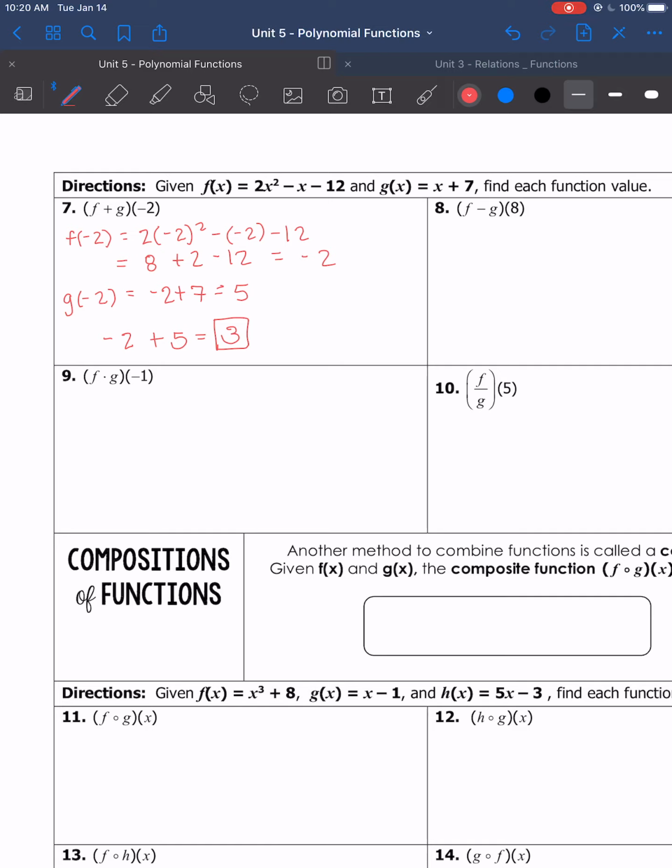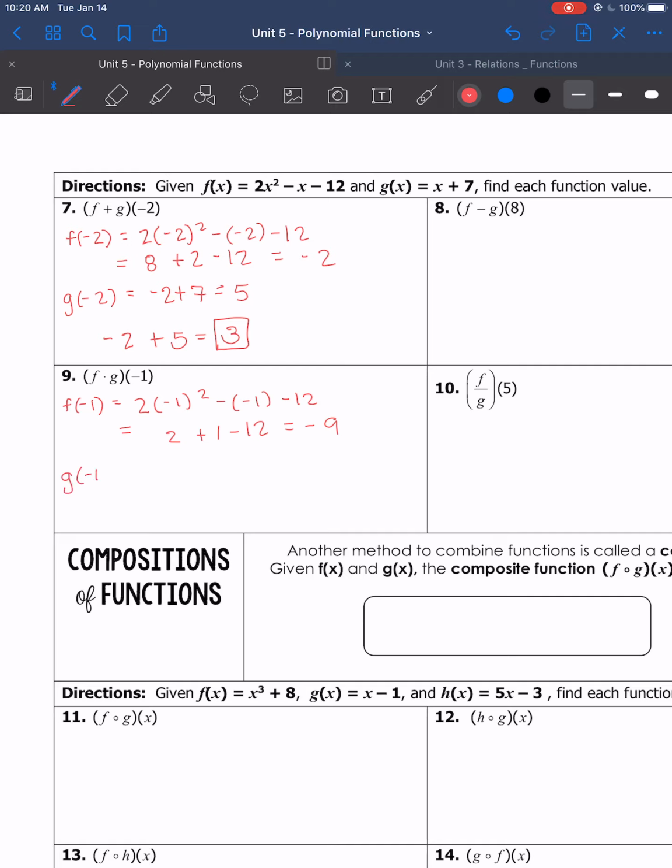And then number 9, we want to multiply f times g, but we want to do it of negative 1. So we're going to plug in f of negative 1. So 2 times negative 1 squared minus a negative 1 minus 12. So I get 2 times negative 1 squared gives me 2. Plus 1 minus 12 gives me a negative 9.